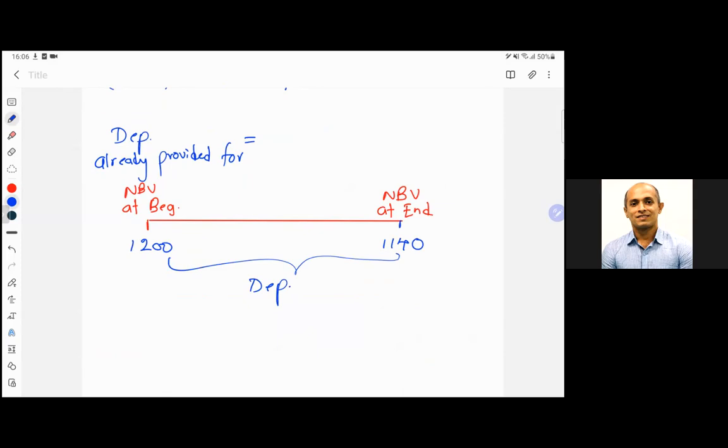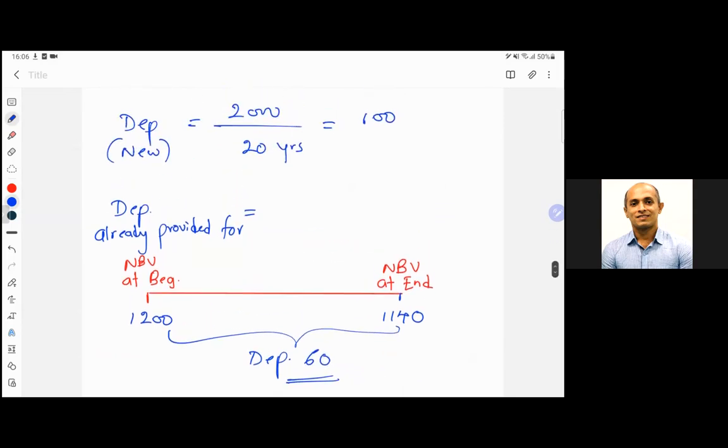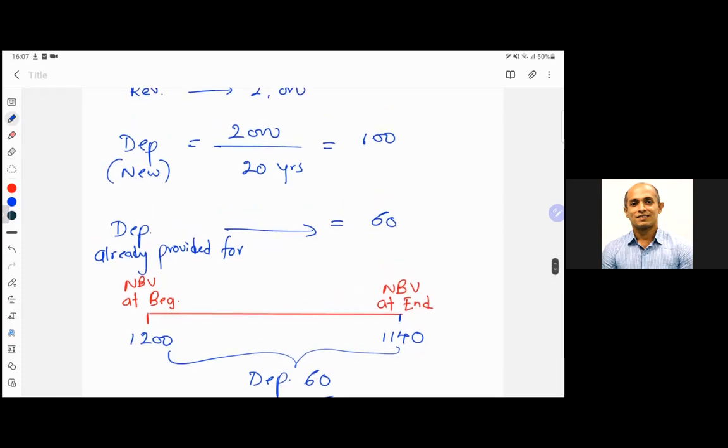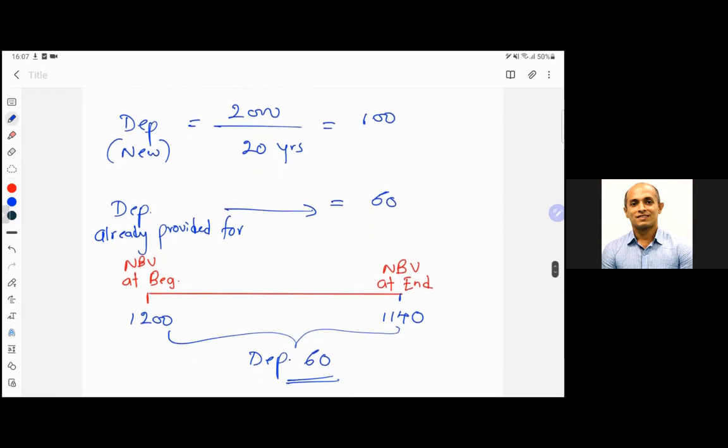Then the difference in the net book value is the depreciation for the year. So the company has made depreciation of 60. Now you see depreciation already charged is 60, but new depreciation is 100. Then how much additional depreciation?